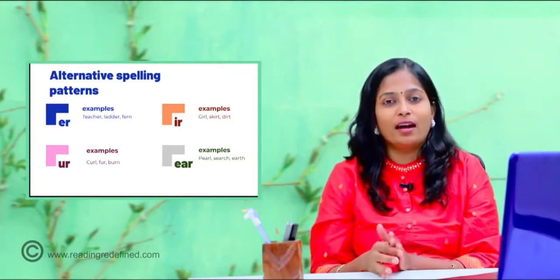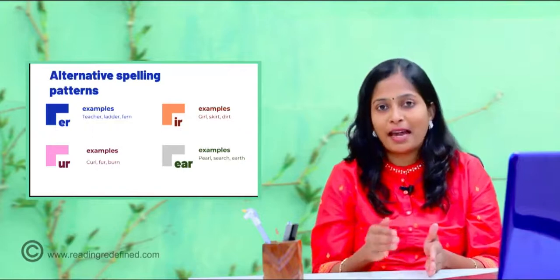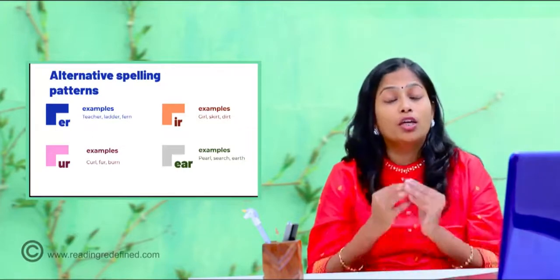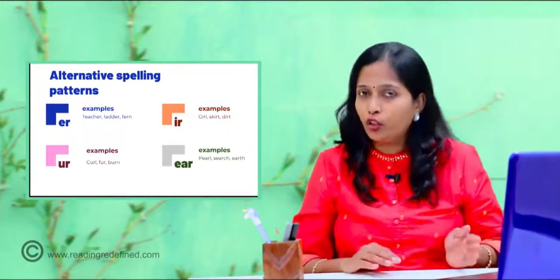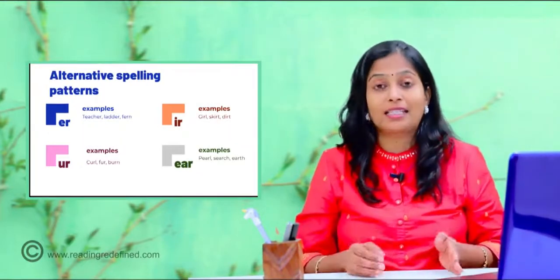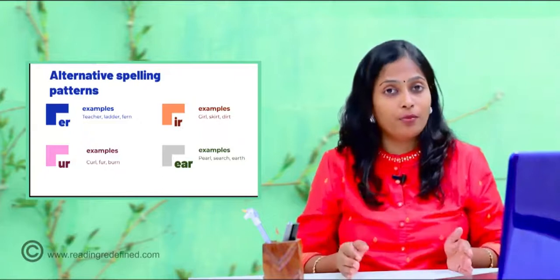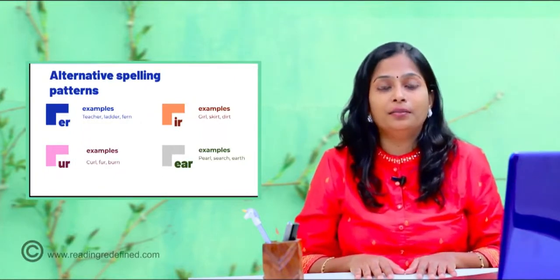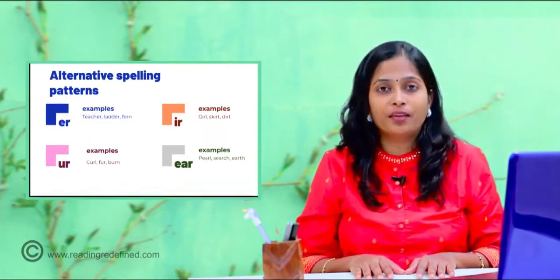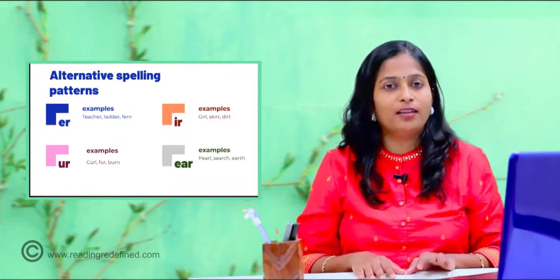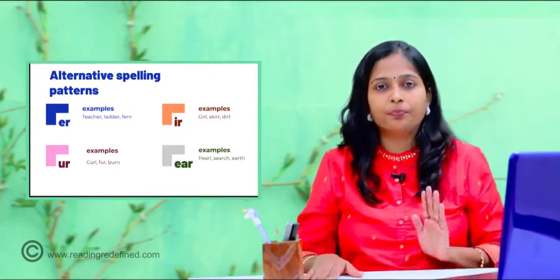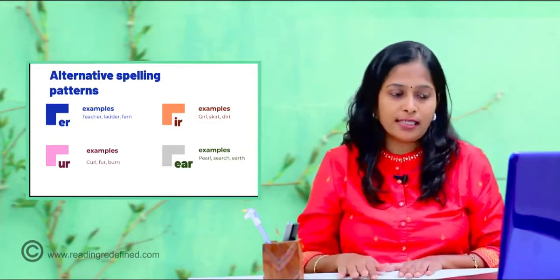So keep it in mind: everything with the ER, IR and UR spelling pattern has to be pronounced in the same way, like girl, burn, curl, turn.